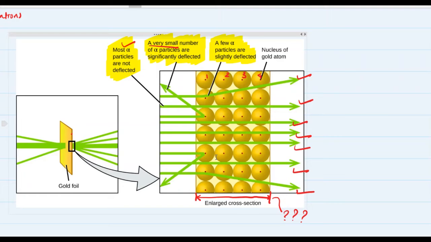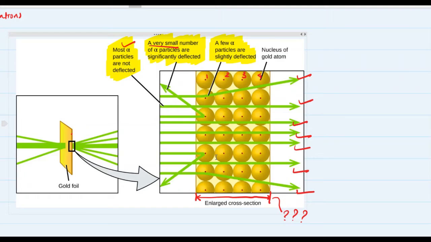It occupies a very small area or volume, and it consists of positively charged particles, that are protons. The center of an atom was then given the name nucleus.